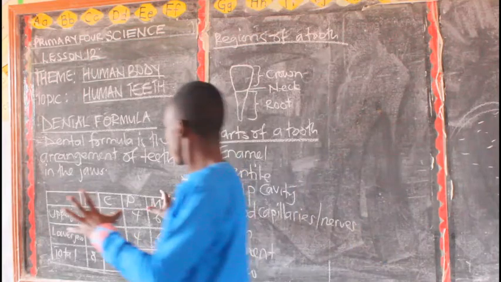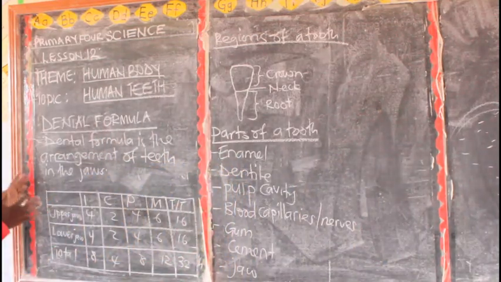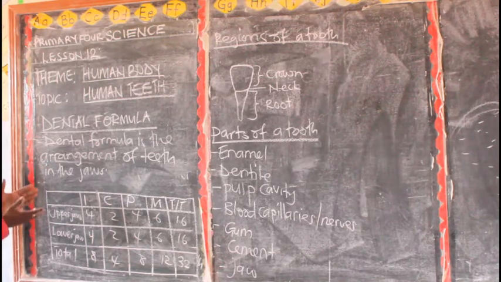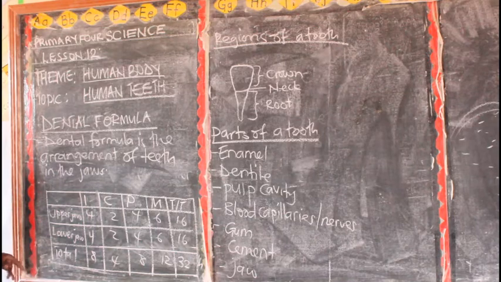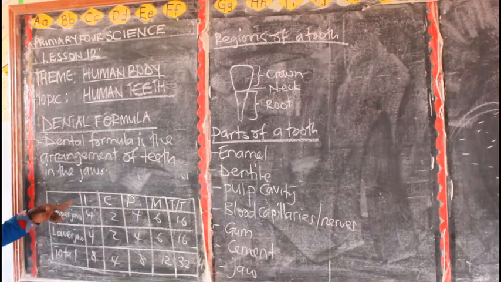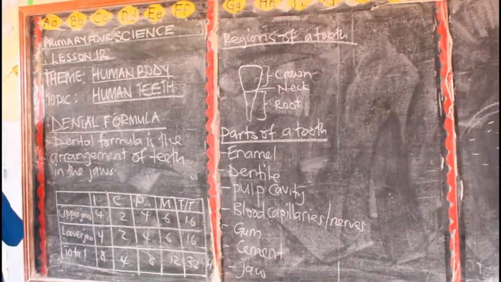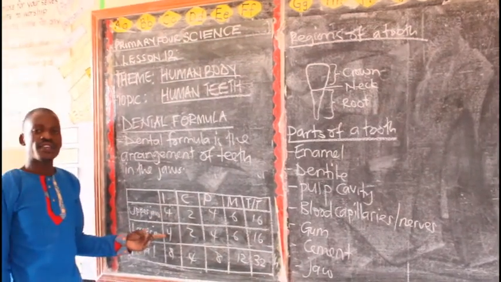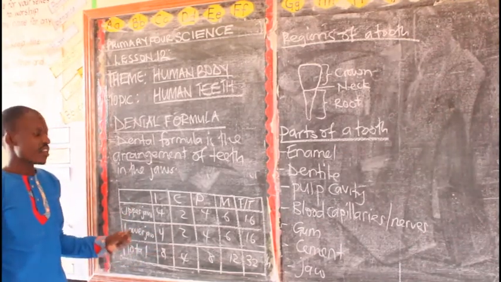When you look at our table here, giving us how our teeth are arranged in the jaw, we see that we have the upper jaw and the lower jaw, then the total. In the upper jaw, we have 4 incisors, and in the lower jaw we also have 4 incisor teeth, meaning that in total a person has 8 incisor teeth.